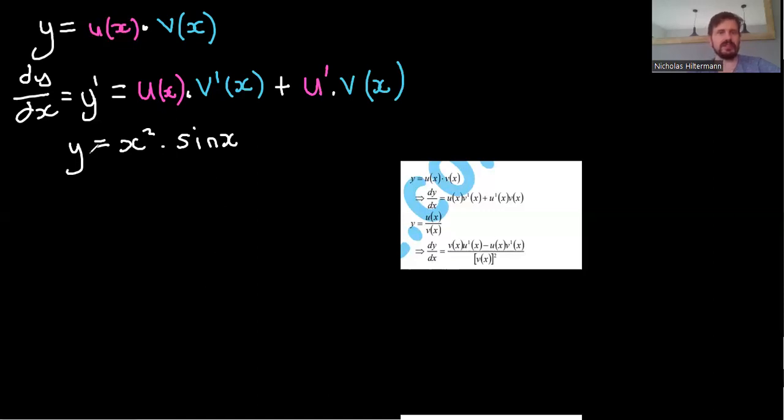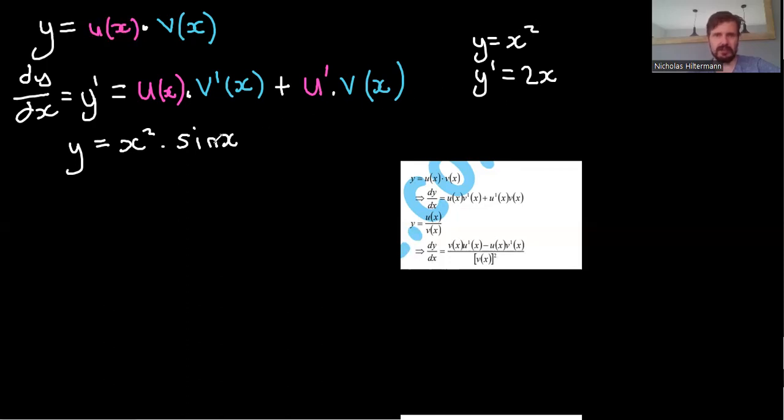So you get given a function here where you've got two things, x squared and a sine x. Well, let's just say that we had y equals x squared. Well, we know the derivative of x squared is 2x, right? We take one off the exponent and we times the front by the exponent.